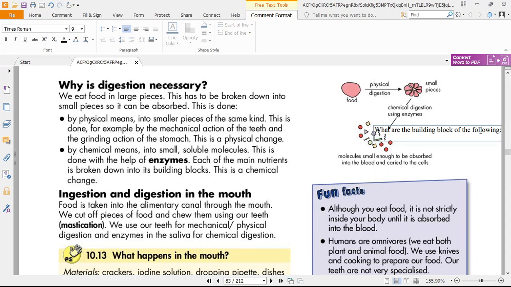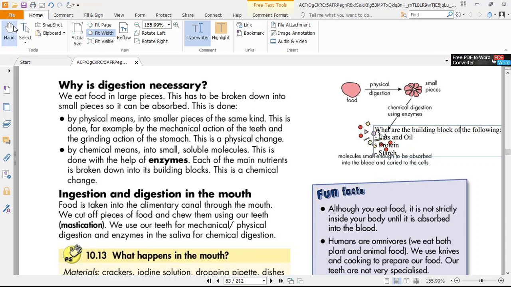So we'll go fats and oil. We'll go protein. I'll put it where you can see it. Starch. Let's work with those for now.